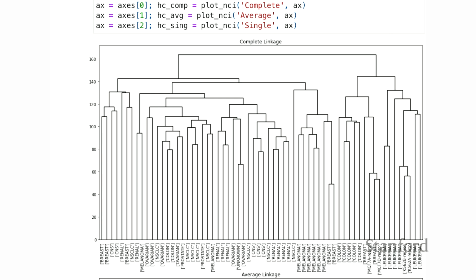This is the complete linkage, and we note there are a few longish bars. A bar like this is an indication that this cluster was far away from the next cluster it was merged with. If this is really long, then the cluster it emanates from was far from the one it was finally merged to. So that's an indication that this is a good place to cut the dendrogram.